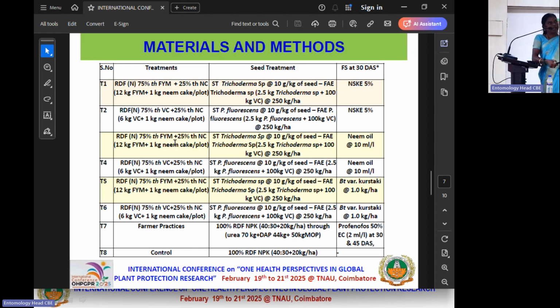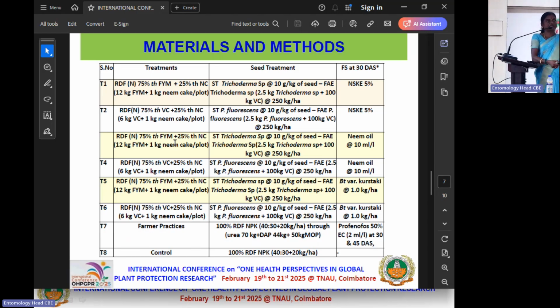Then in addition to these two parameters, we sprayed neem seed kernel extract, neem oil and Bacillus thuringiensis var. kurstaki. This is the difference with respect to treatments 1, 3, 5. In addition to these, we raised maize as a border crop and also released the egg parasitoid Trichogramma chilonis. These are all the treatment details.